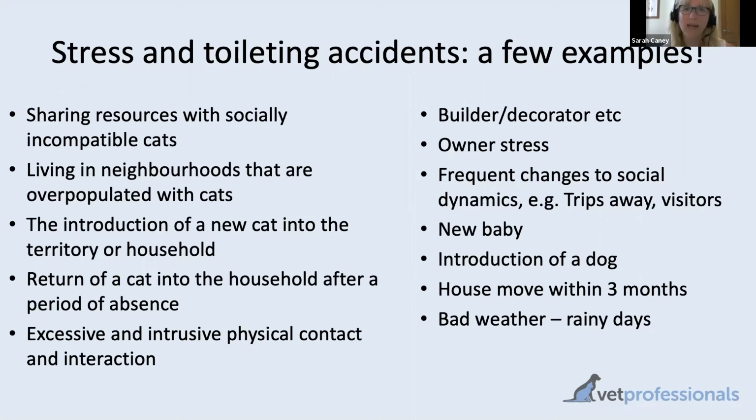Times when a cat may behave in a way that is out of their normal behavior and perhaps less convenient to us, such as urinating outside their litter box. So stress within the household, conflict within the household, a new pet, a new baby, changes in the owner's routine, builders working in the home, all these sorts of things can have an impact.